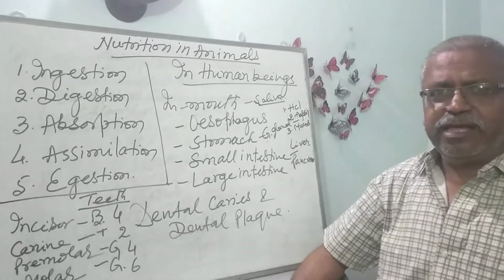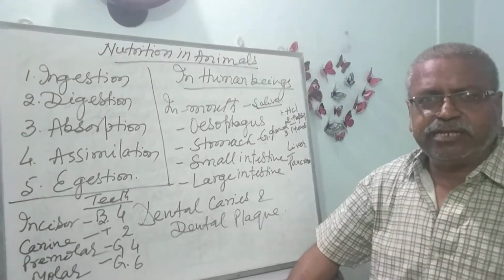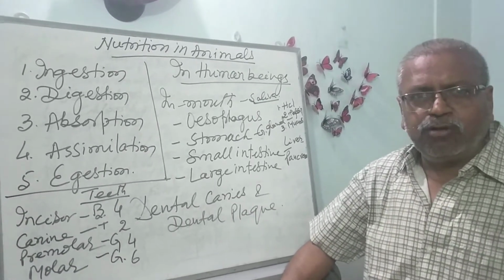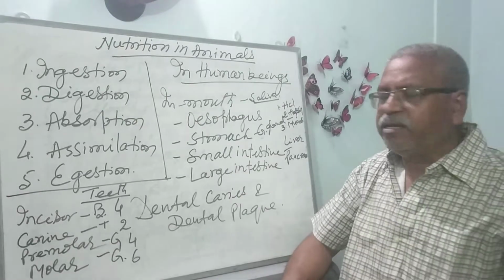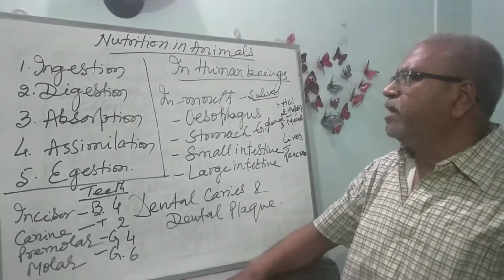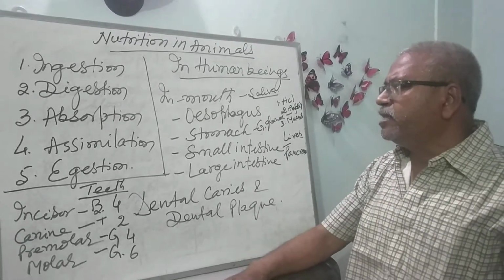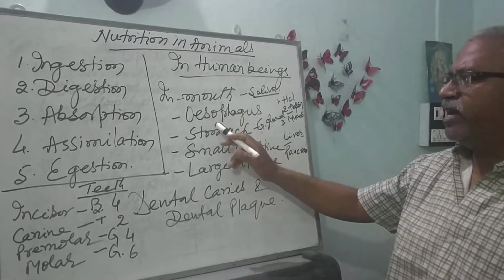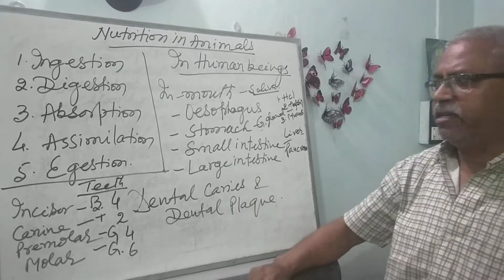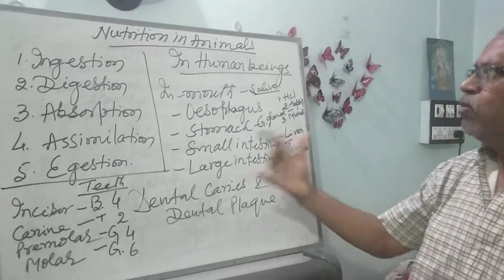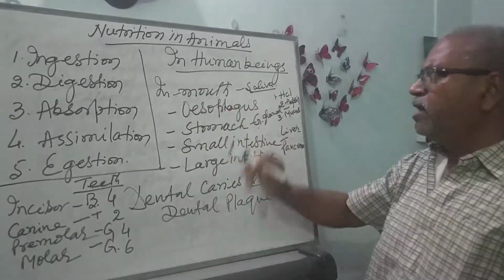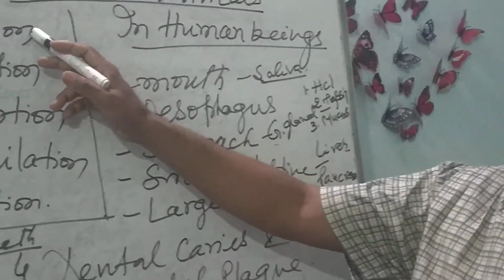In human being, there is a complex digestive system comprised of a long alimentary canal and associated glands. The alimentary canal consists of mouth, esophagus, stomach, a small intestine, and large intestine. You have to see how the whole nutrition is completed. In the mouth, ingestion takes place.